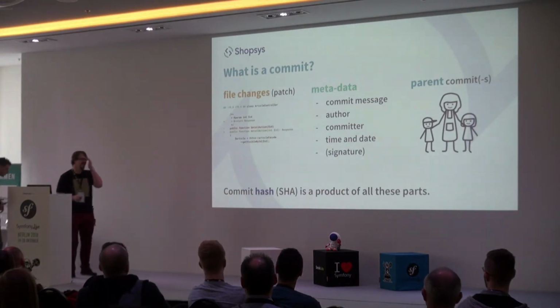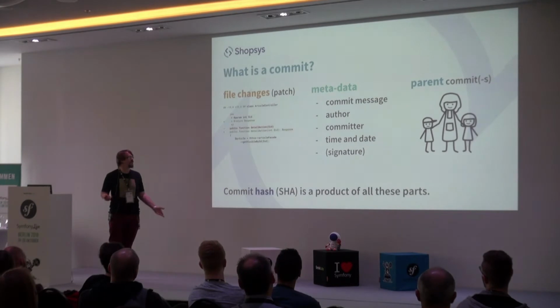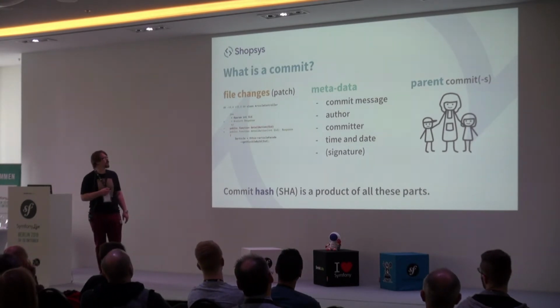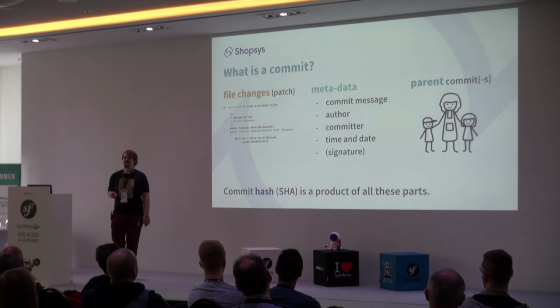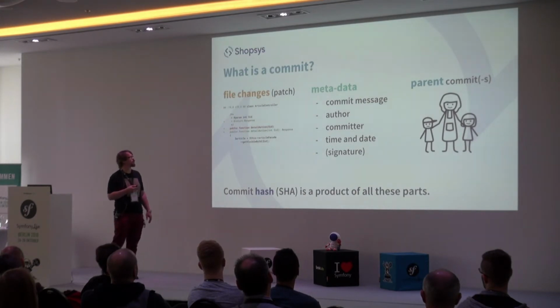Oh, here it is. Yeah, a commit is basically made from three parts, and people often tend to just focus on this part, the file changes. File changes in a commit are called a patch.